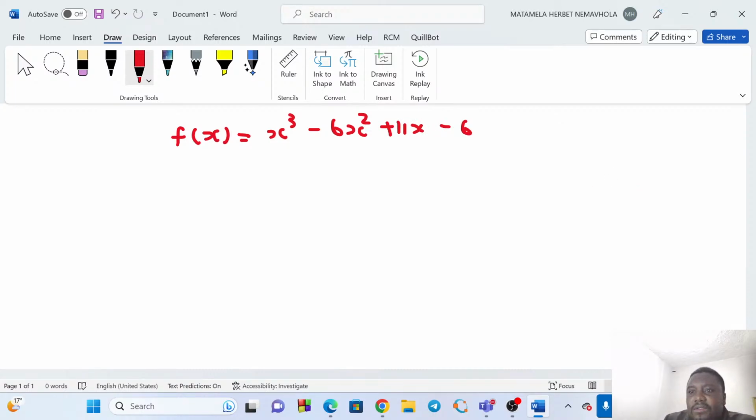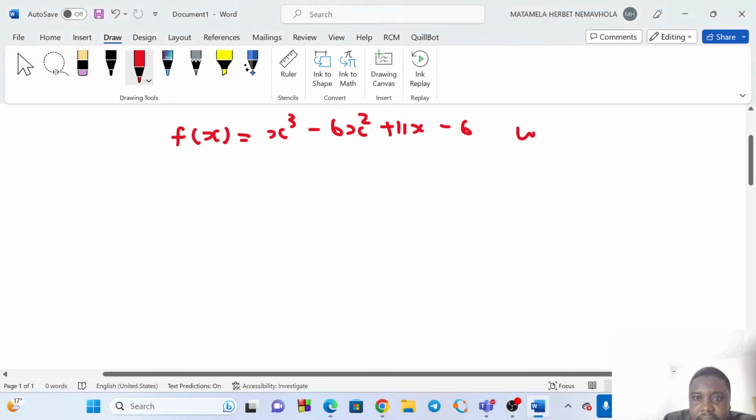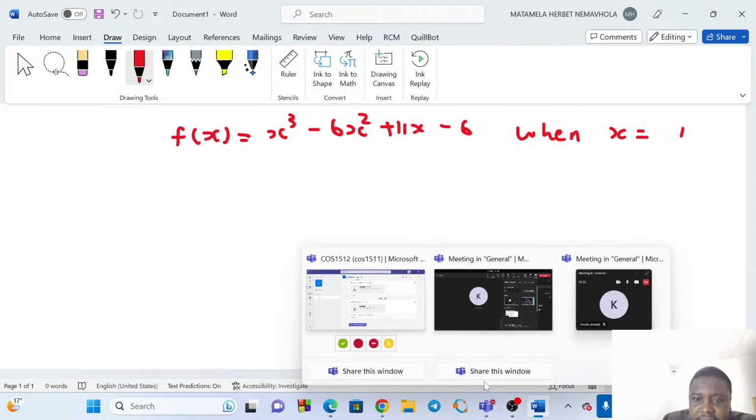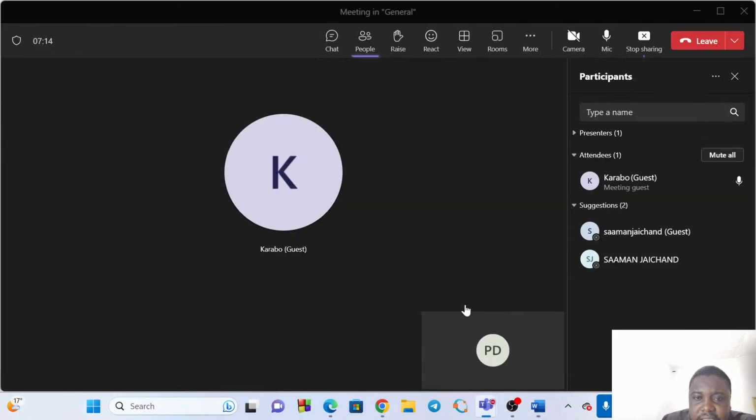Let me check which point I can use. Okay, let's say you are finding a tangent equation at point 1, when x equals 1.